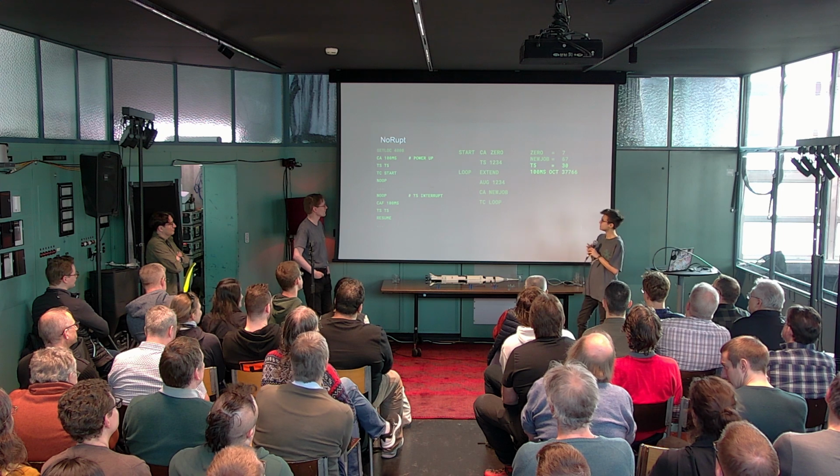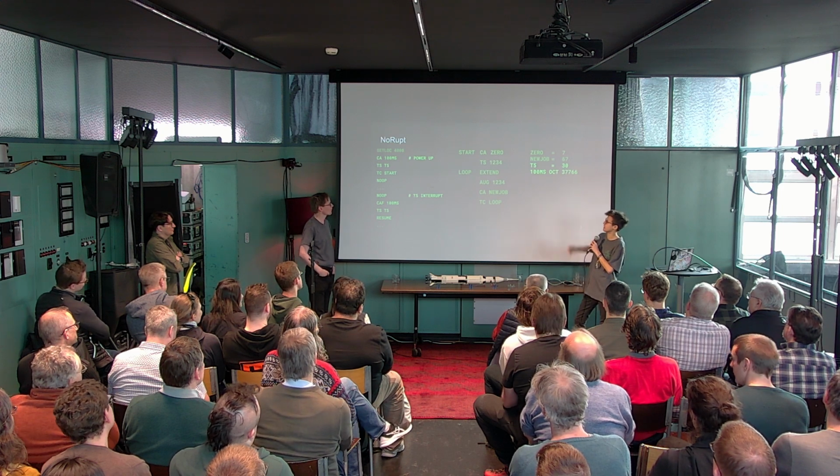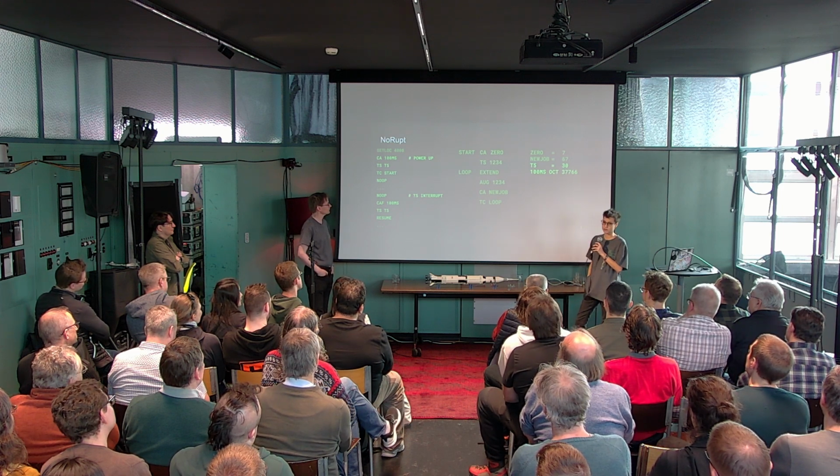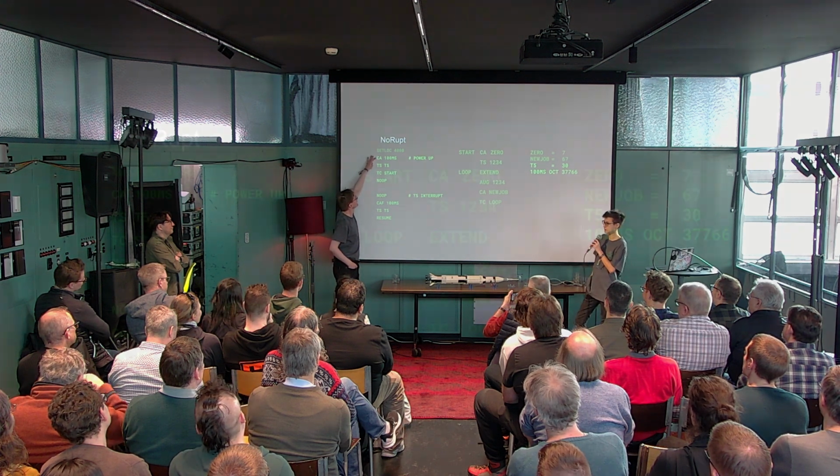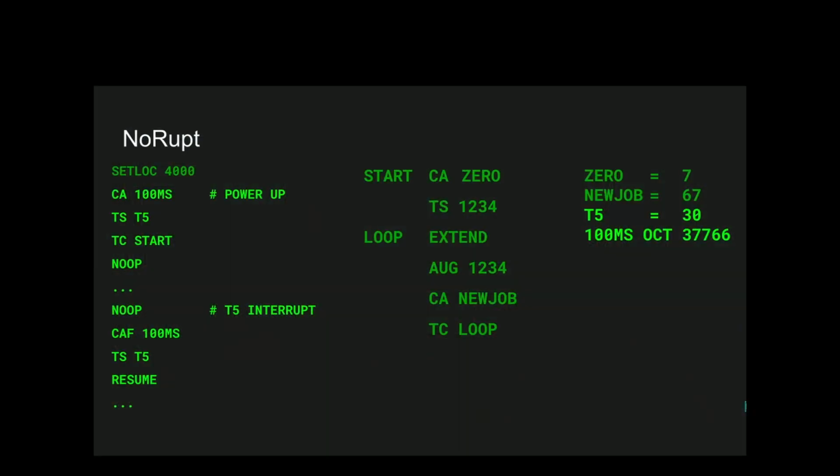So what we have to do is, on startup, tell it to schedule a T5, time 5, interrupt in 100 milliseconds. And then it can go to do our program. And after 100 milliseconds, the time 5 overflows.